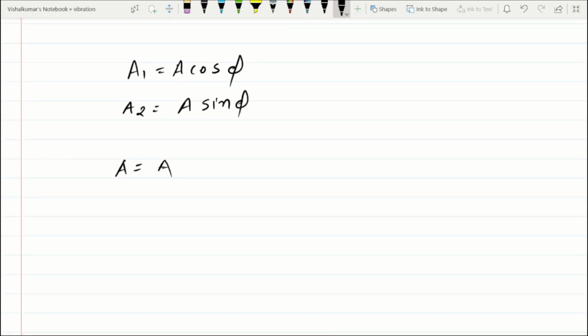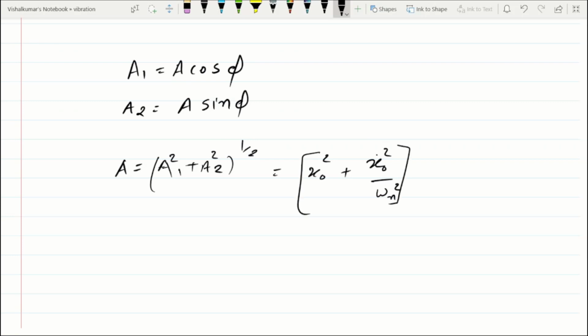A is equal to a1 squared plus a2 squared, raised to the power of one half, which is equal to x0 squared plus x dot 0 squared divided by omega n squared, raised to one half.